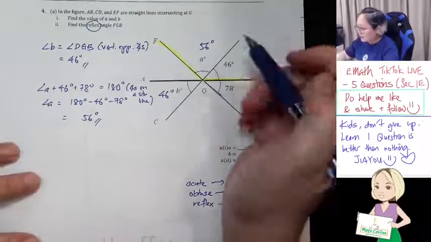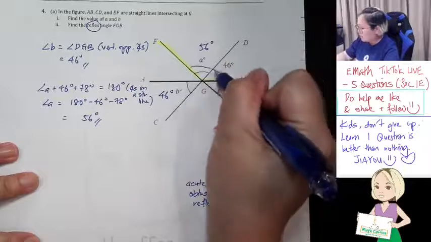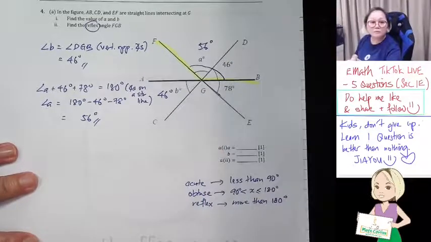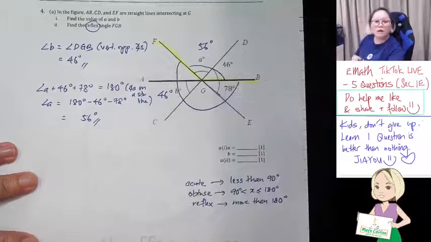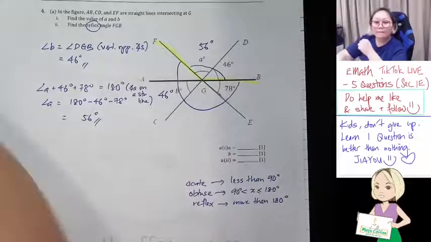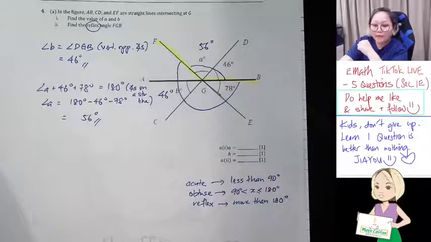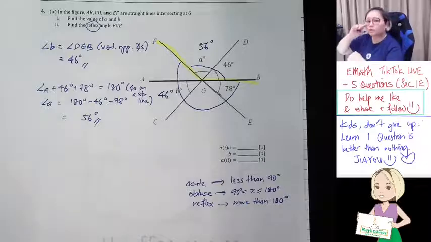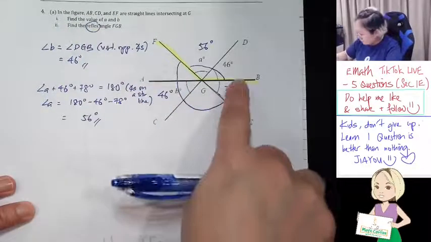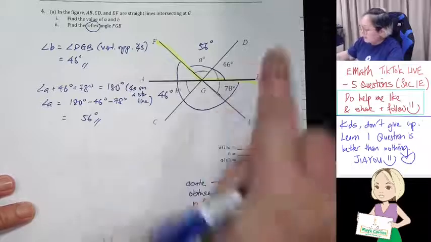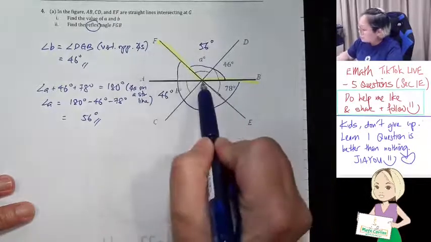Technically speaking, angle FGB, I either have this one, or I also can say it is this one. Agree or not? Yes, MT also learn angles, algebra also. Because they say reflex, it means I want the big one. Agree? So if I want the big one, let's find out what my angle FGB is first.